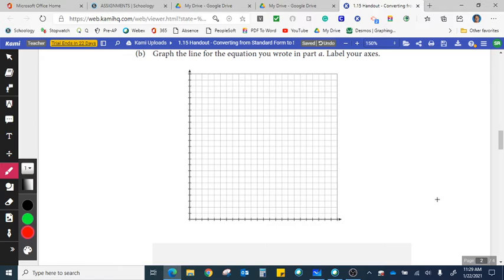We have to label the graph. The graph down here is going to be small tables, and over here is going to be large tables.